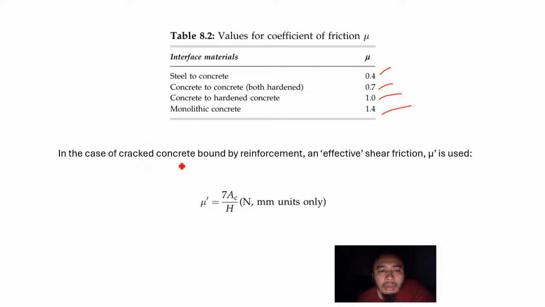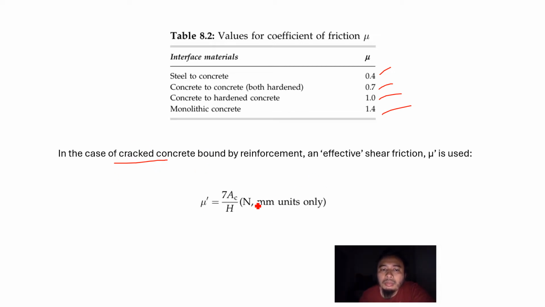In the case of cracked concrete bound by reinforcement, an effective shear friction mu prime is used. If there is cracked concrete, this is usually for post-tensioned or prestressed components, because once you apply compression by post-tensioning the cable inside the beam, the beam will become haunched, and then cracks may appear.